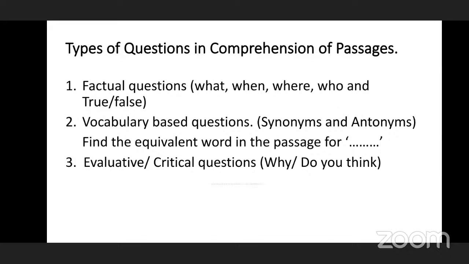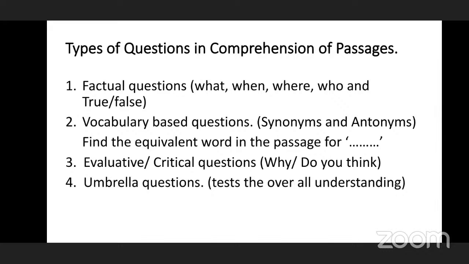And the fourth and last type of questions as part of comprehension of passages is umbrella questions. This is the highest level of questions asked in comprehension of passages. Let us try to understand what umbrella questions are. An umbrella question tests the overall understanding of the reader of the passage.